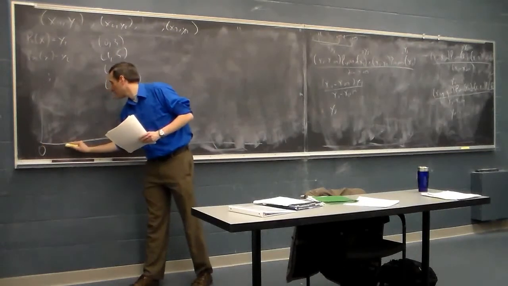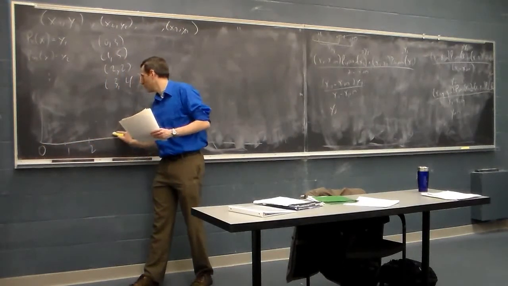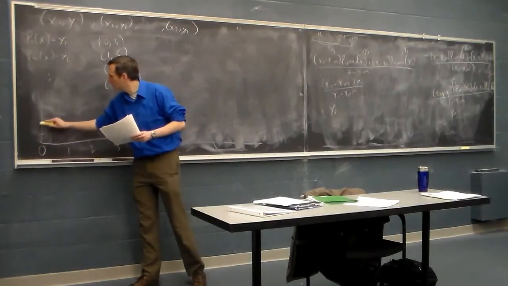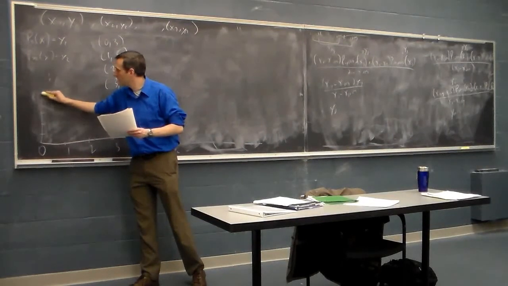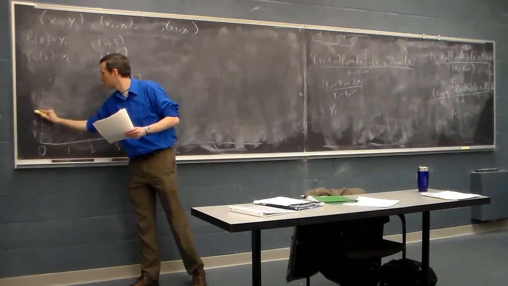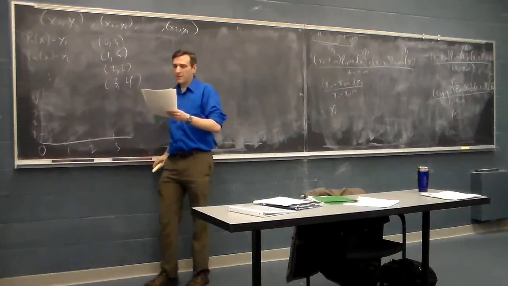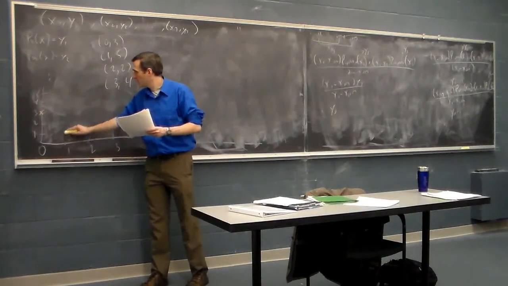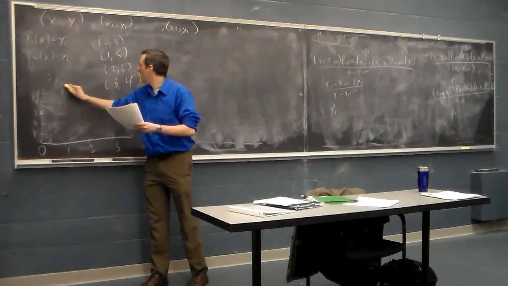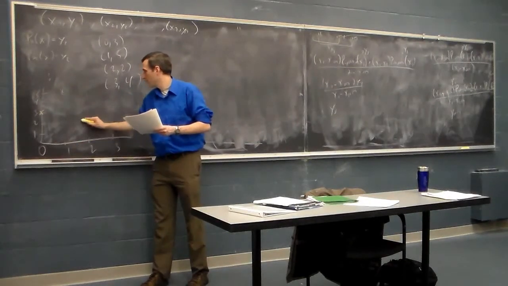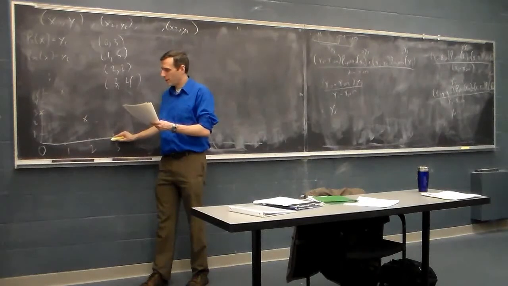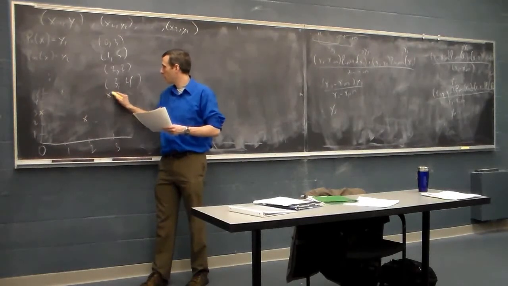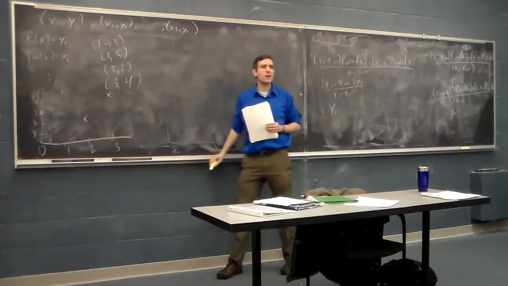So we've got 0, 1, 2, 3 and 1, 2, 3, 4, 5. And this is saying we've got a point here. So we've got (1, 5), we've got (2, 2), and we've got (3, 4). So these would be our points.